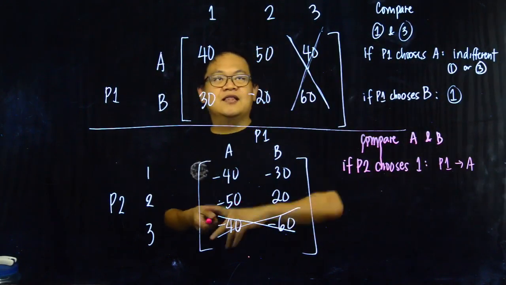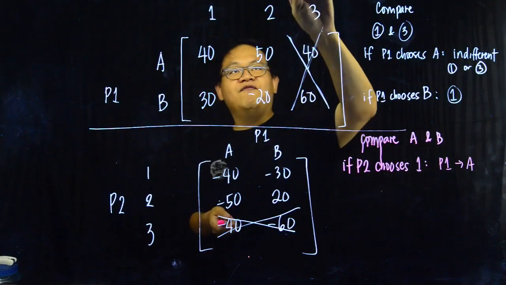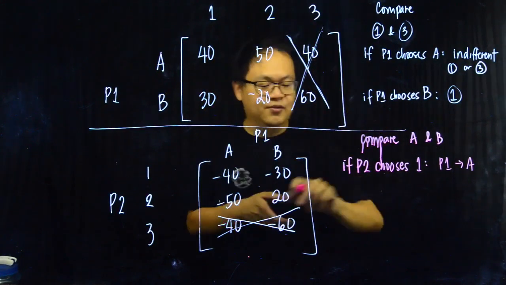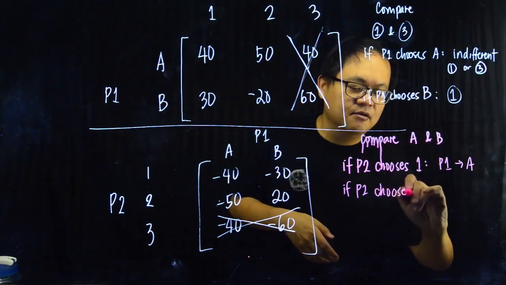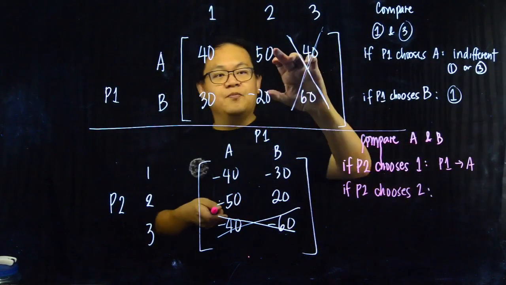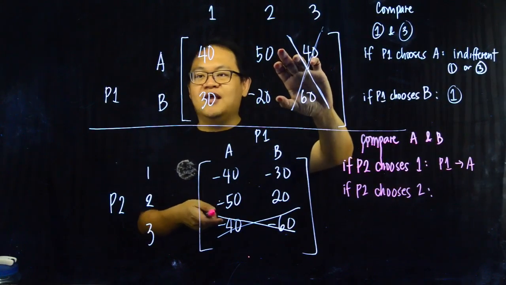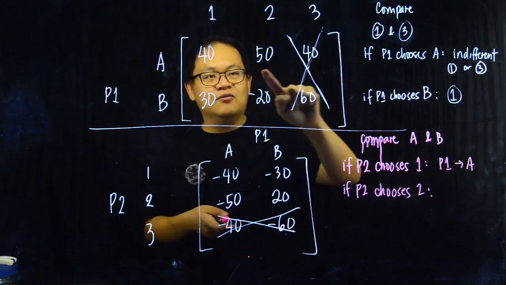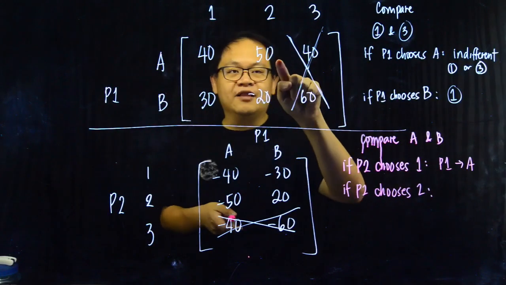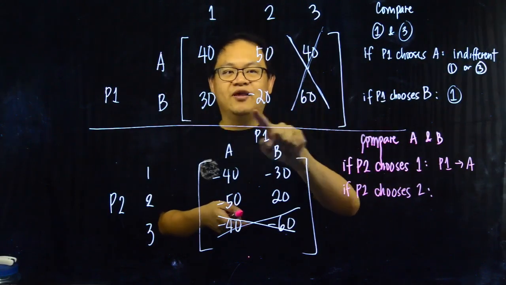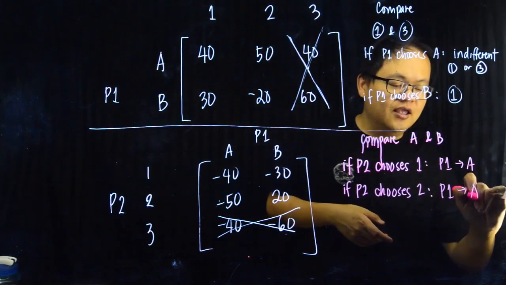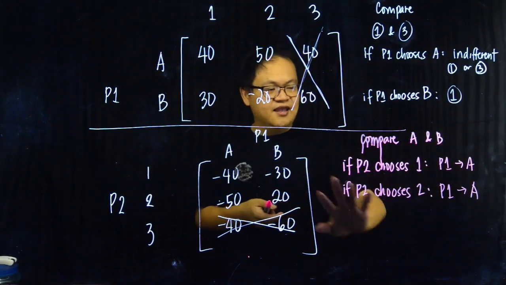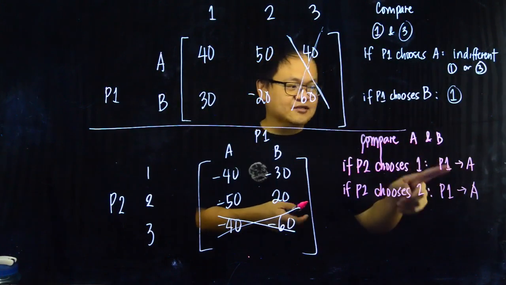Next, if player 2 chooses 2, let me write that. Then you're comparing 50 and negative 20. It is very obvious that player 1 would rather win 50 than lose 20, and therefore player 1 will also choose A. I think this is a nice example of a dominated strategy.